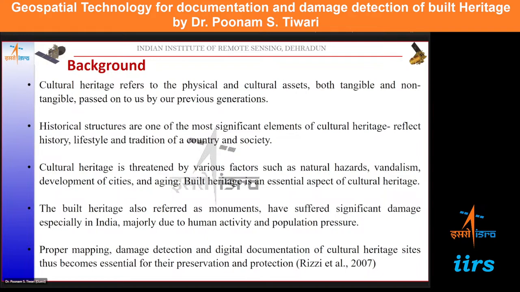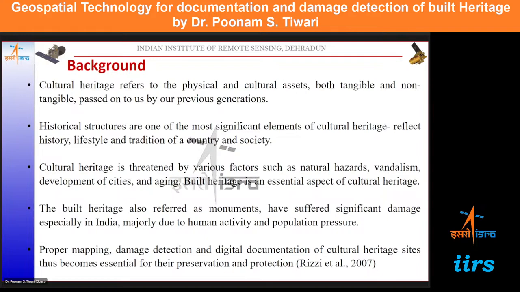It can be because of natural hazards, such as earthquakes and floods, that these built structures can be damaged. Then a lot of vandalism also happens because of the development of cities, so the area of these built heritage is getting encroached. And there is the aging problem.